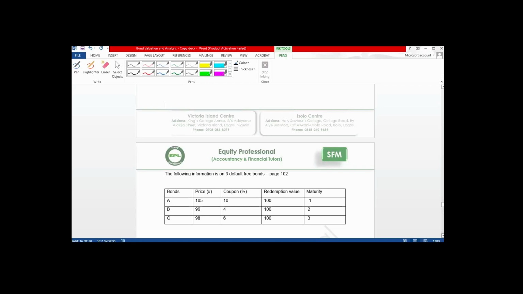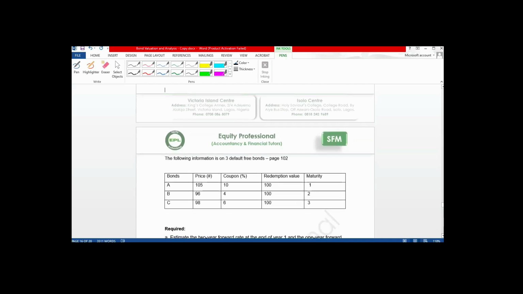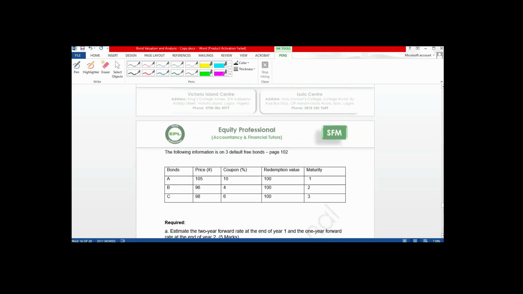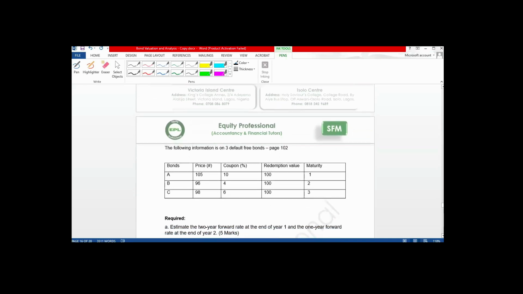Read the question. The following information on 3 default free bonds. Bond A, B, C, price 105, 96 and 98. Coupon 10, 4 and 6.